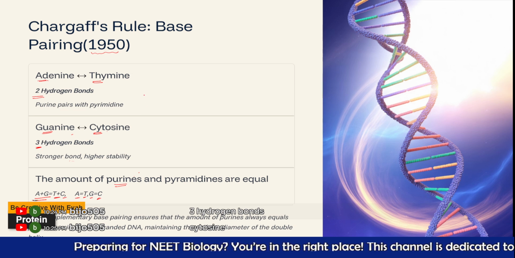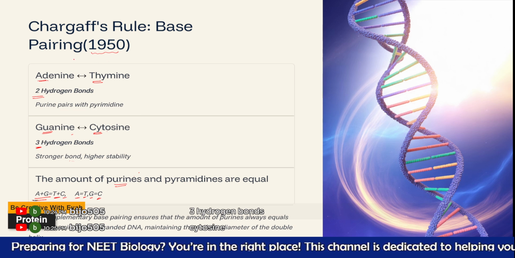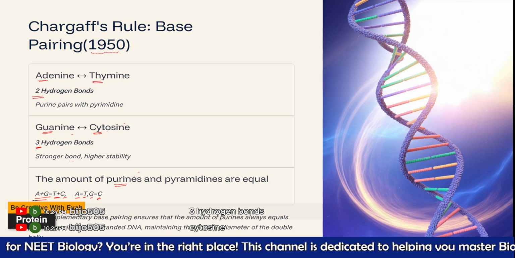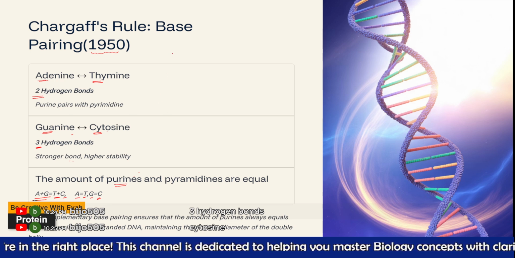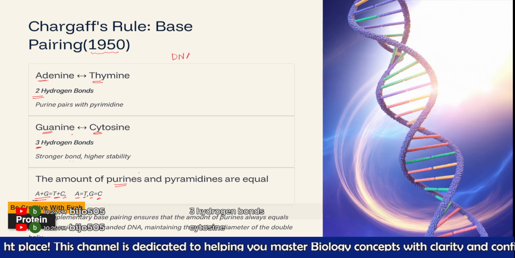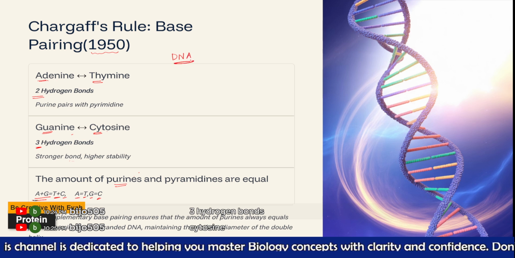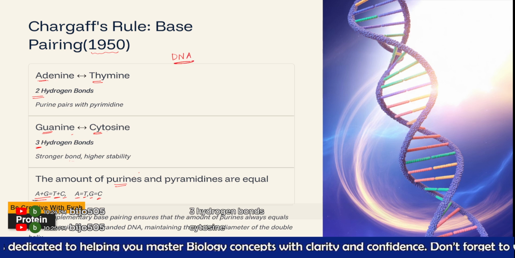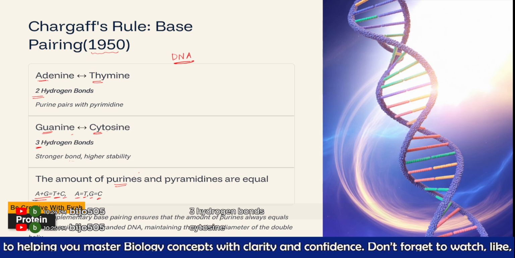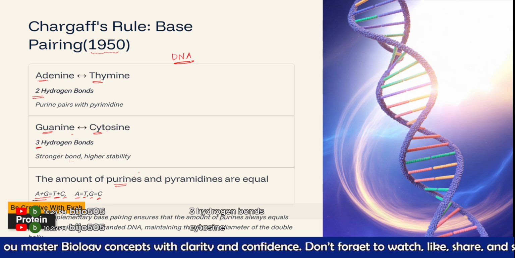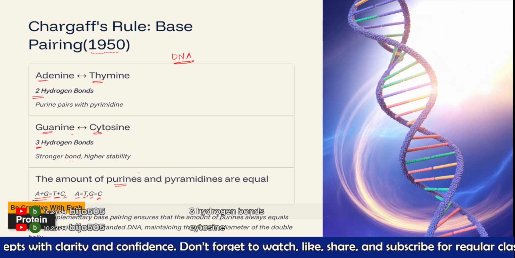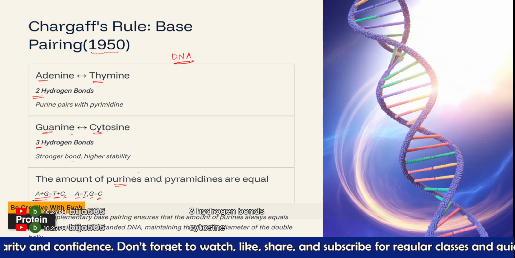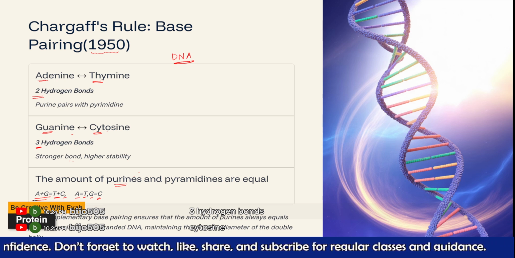Chargaff's rule is applicable only in the case of double stranded DNA, not in RNA. This is another important point. We are discussing base pairing, and RNA is a single strand, so there is no need of base pairing.